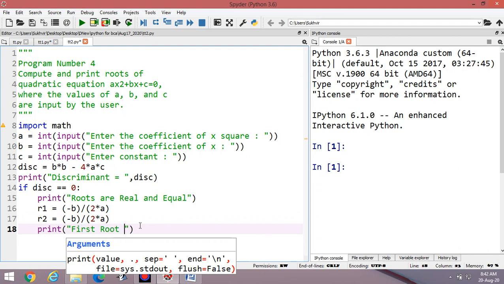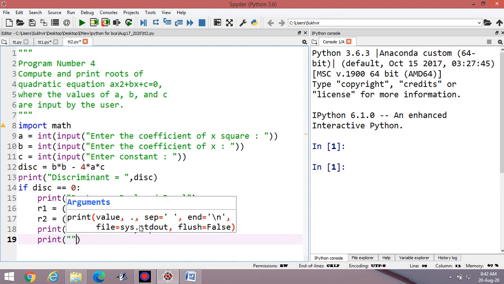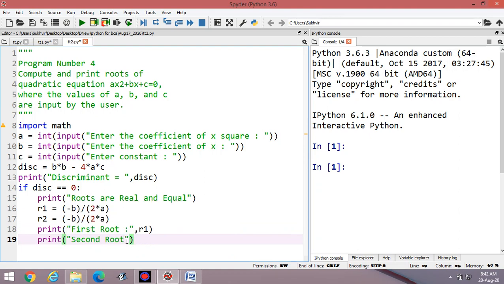First root is equal to, here you can write R1. Similarly, you can write second root, then colon, and here you can write R2.